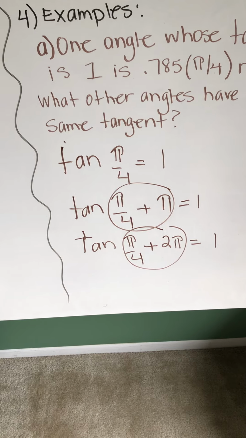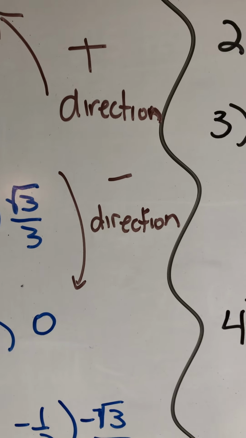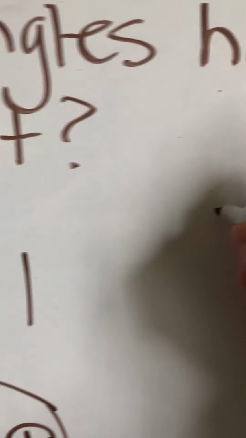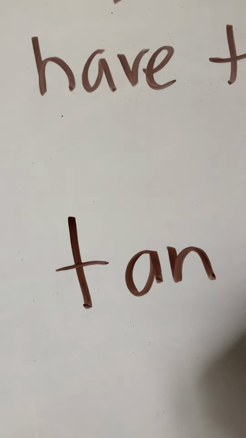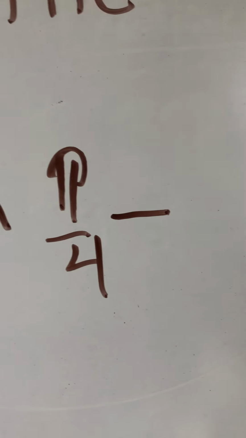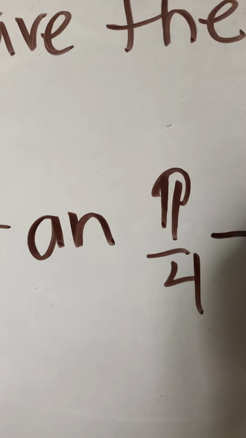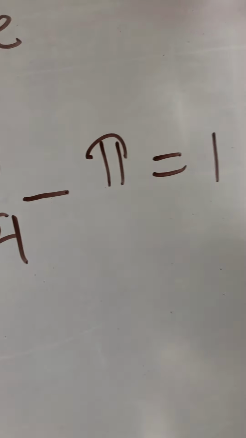I just want you to know that when you rotate downward, or clockwise, that's a negative direction. Isn't it true that if you have tangent of pi over 4, and you start at pi over 4 and you go downward minus pi, a half circle, of course you're going to end up at 1 also.